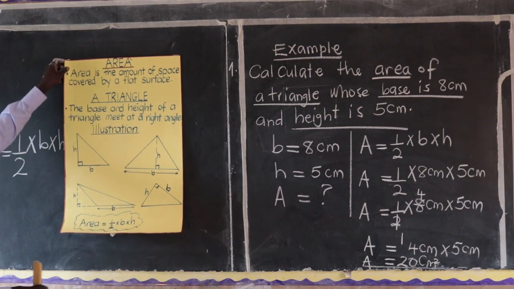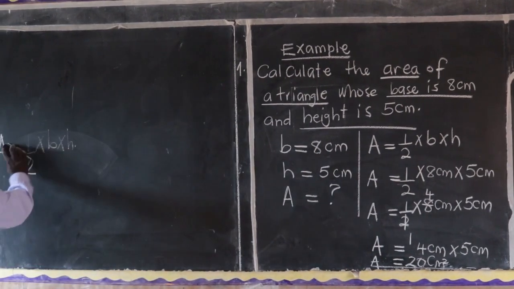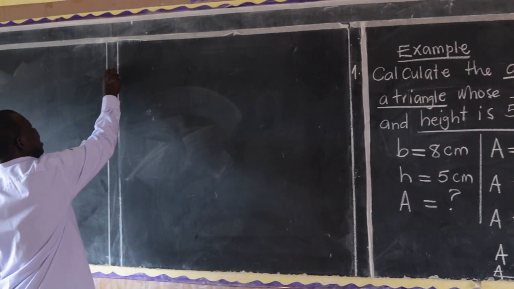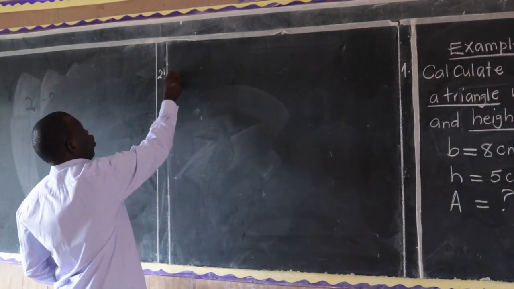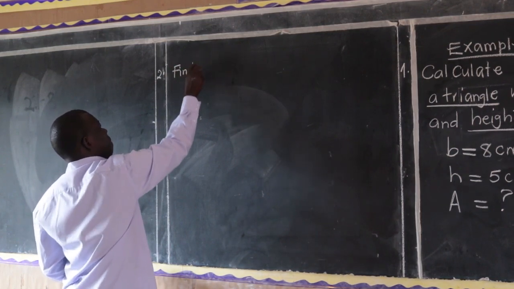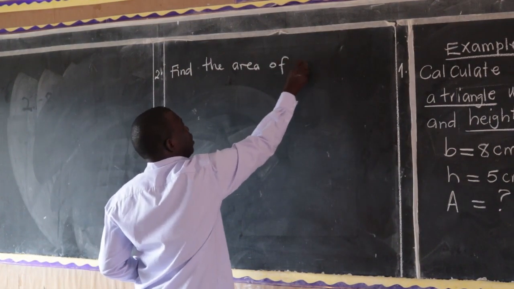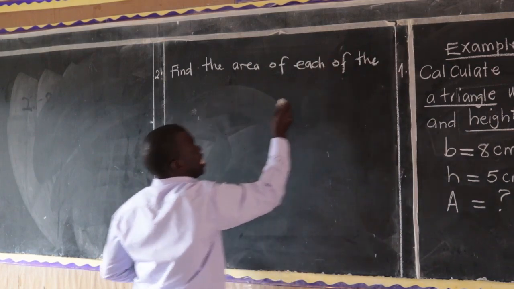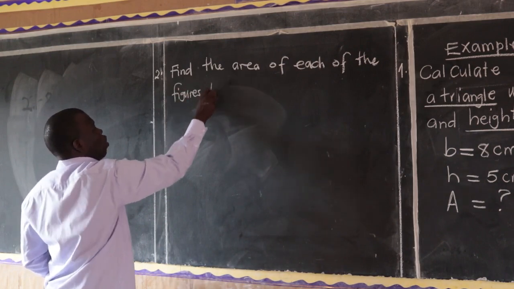Let me first do away with this. My next example I want to talk about here is, I may be asked, given a diagram, to calculate or find the area of each of the figures below.